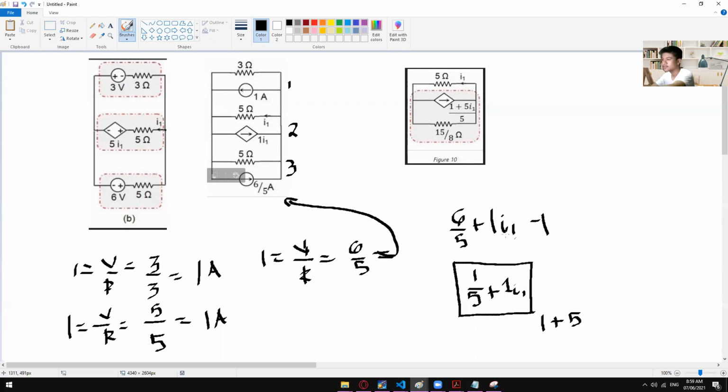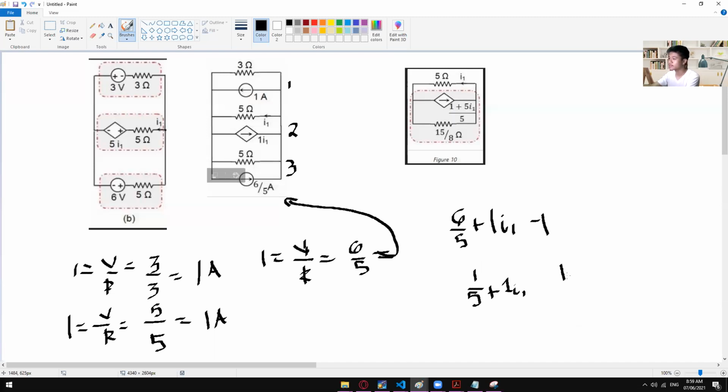Okay, so we still have denominator. We will not eliminate the denominator. So in here, in order for you to get this one, just cross multiply, so for you to have one single common denominator. So 1 I sub 1 will give us 5 I sub 1.